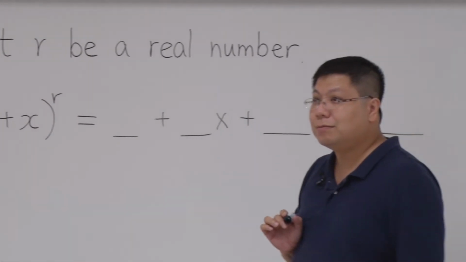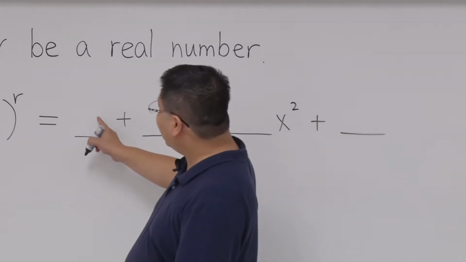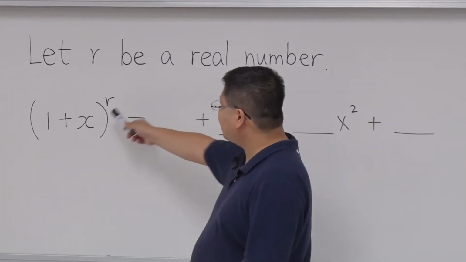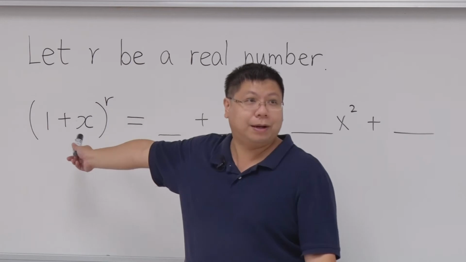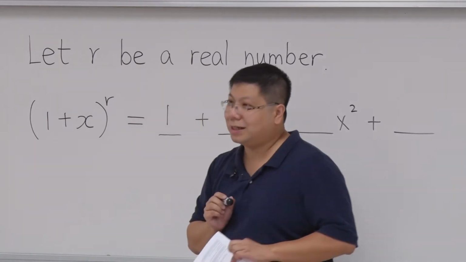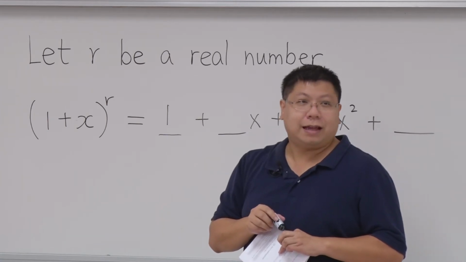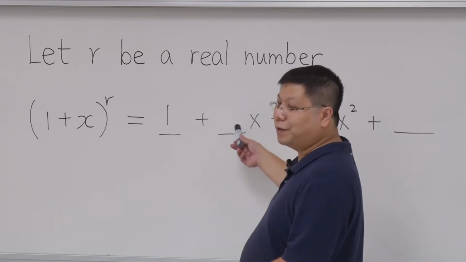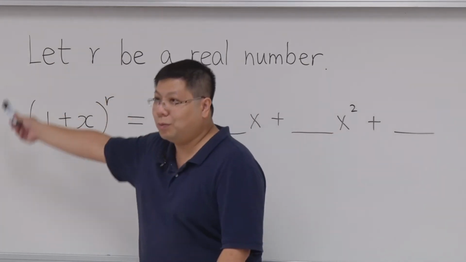Is that okay? Okay. And now, how do we get the constant term? To get the constant term, I just substitute x to be 0 inside. Am I correct? And then I get it. So it is equal to 1. Is that okay? And then to get the coefficient of x, I differentiate it once.